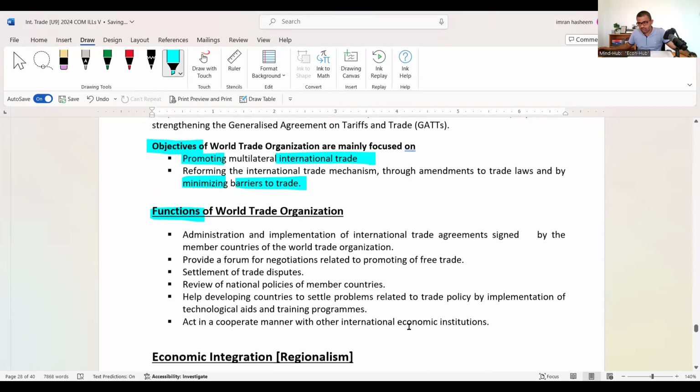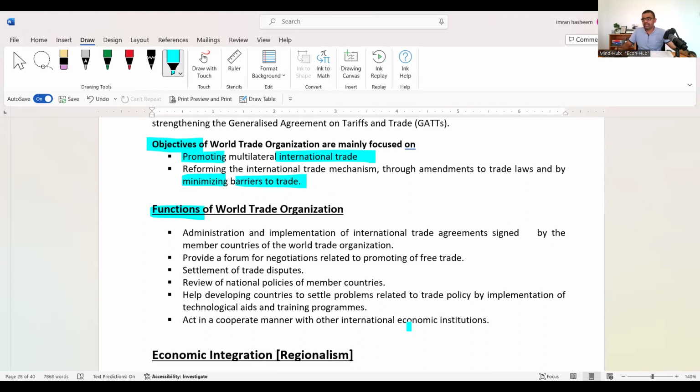Functions of the World Trade Organization. Mainly they go into activities of administration and implementation of international trade agreements, to make sure the agreements are followed properly and no country is at a disadvantage, something like that. Settlement of trade disputes.